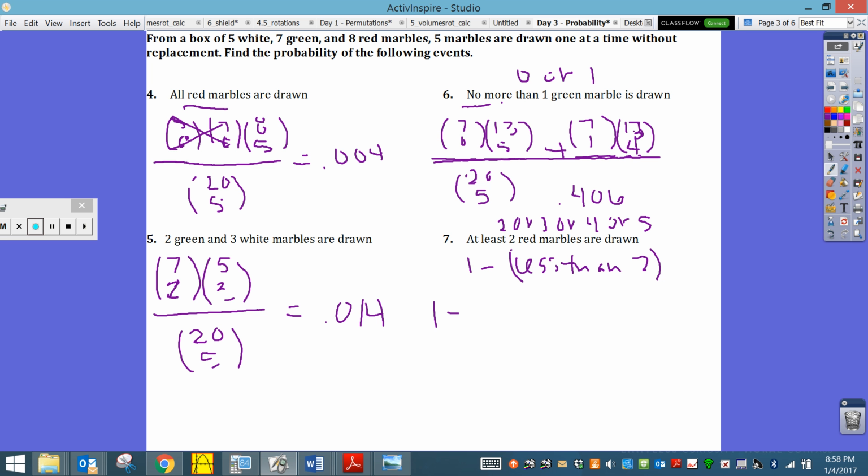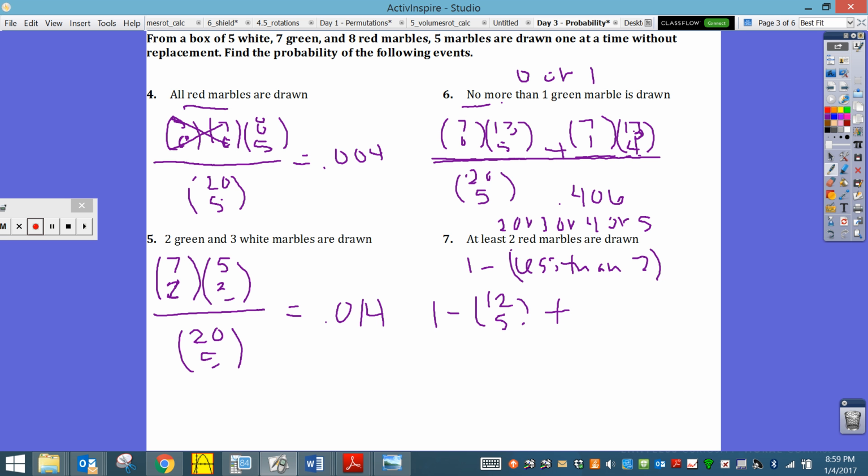So let's say, okay, there's 8 red marbles, so there's 12 other colors. So I want all 5 of the marbles to come from those 12. And then I'm going to add that to, okay, so that's probability of 0.